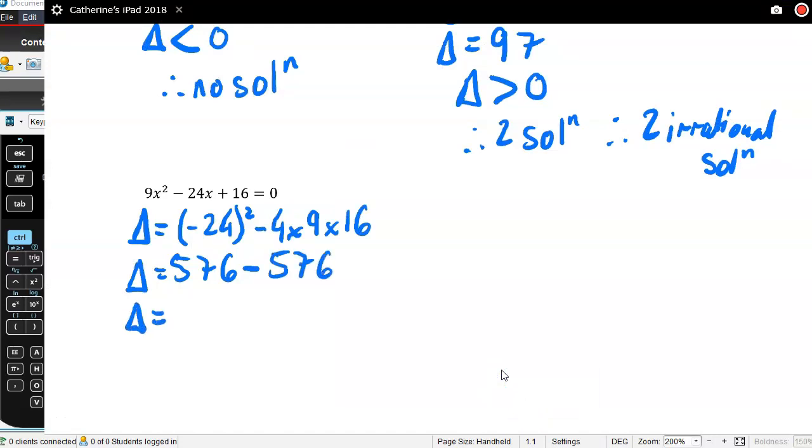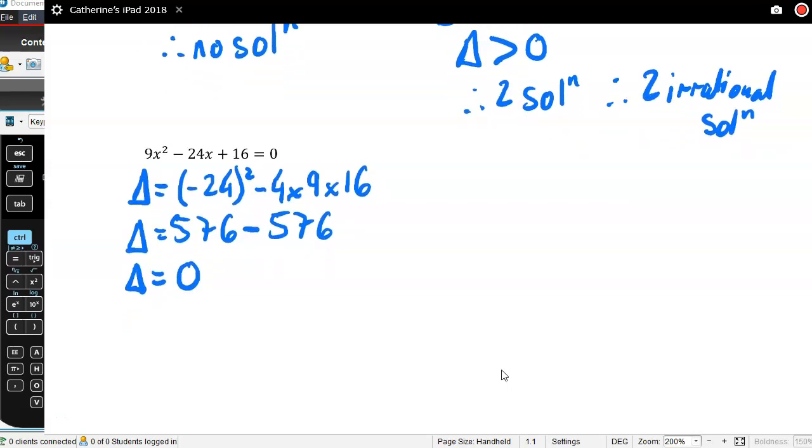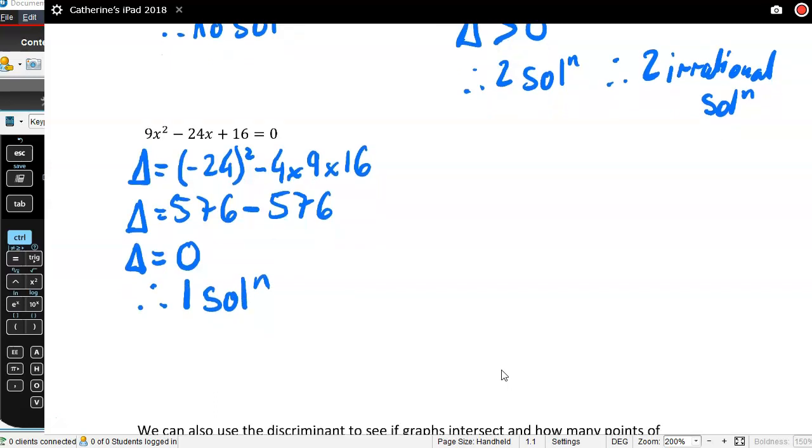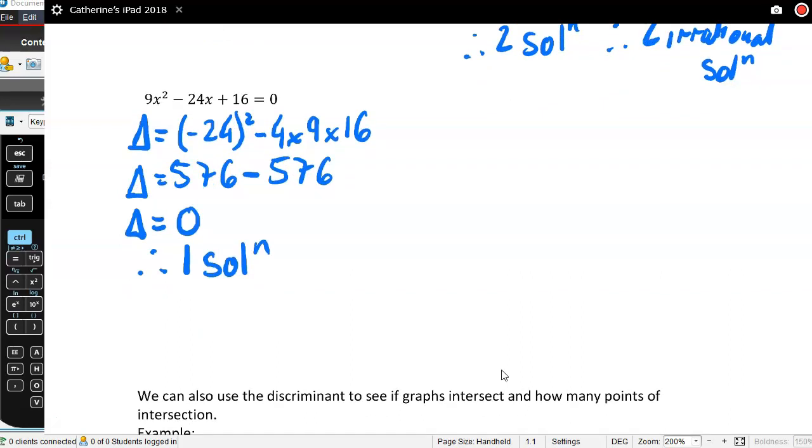The discriminant is equal to 0. Therefore, one solution. The graph will touch the x-axis once.